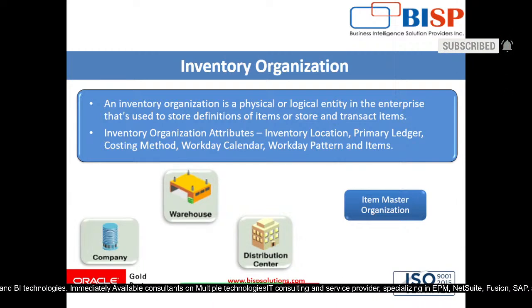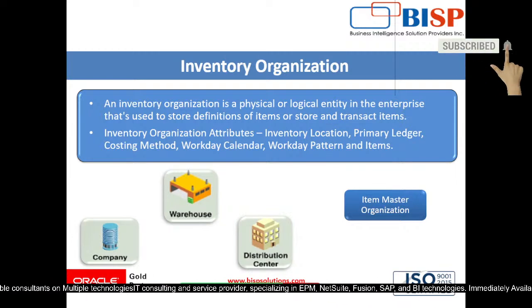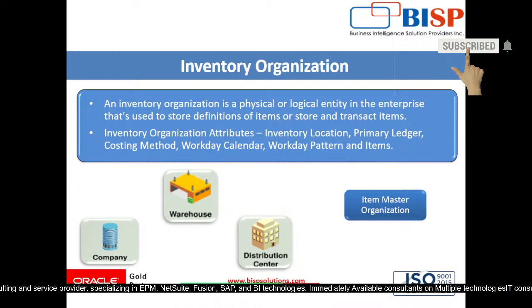In this company, the inventory organization uses the item, and inventory management is associated with one business unit, one legal entity, and one primary ledger. We have the warehouse. The primary function of a warehouse is to store the stock of items.